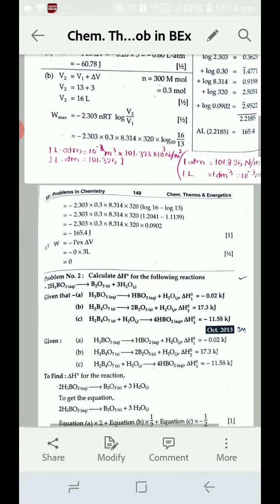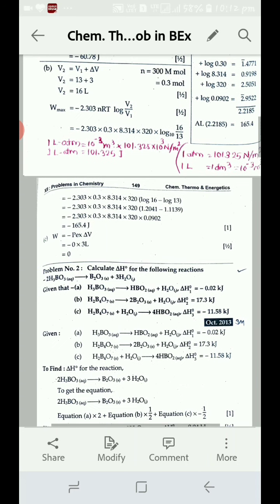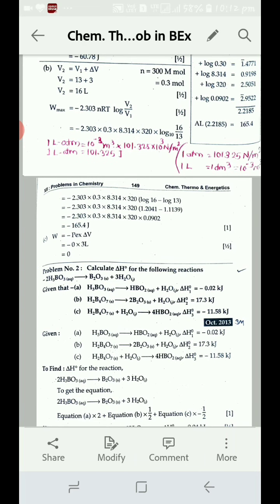Okay, this is about the final rearrangement. Equation A into 2 plus equation B into half plus equation C into minus half, or you can write minus 1 half equation C in this way also. So this carries one mark.